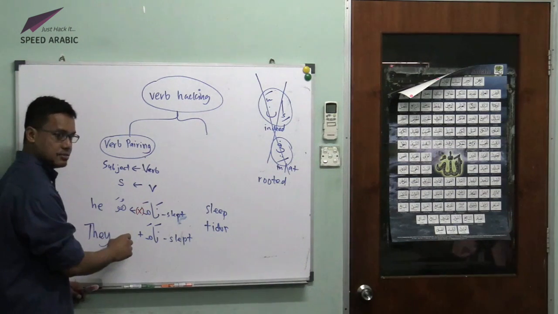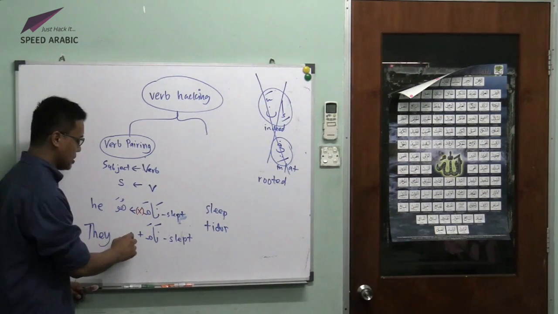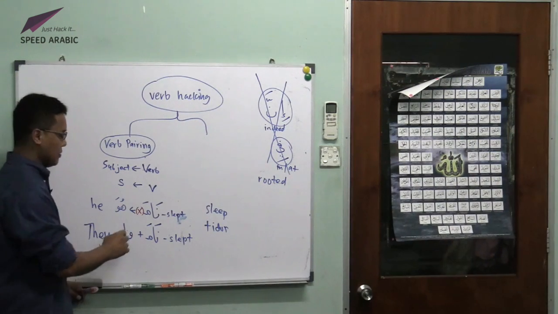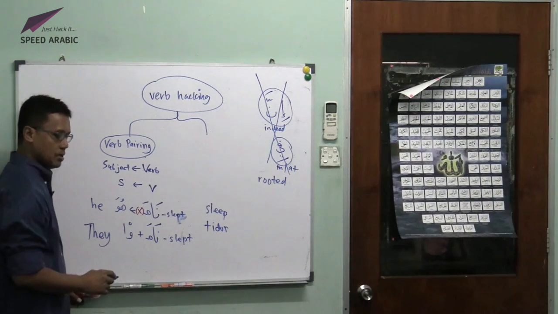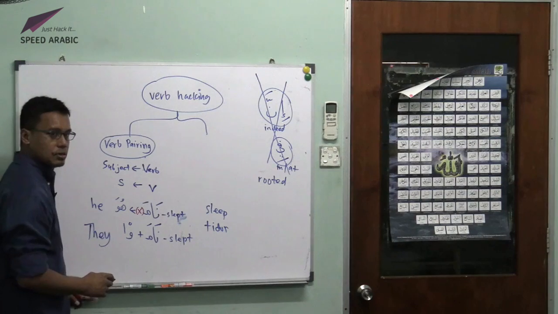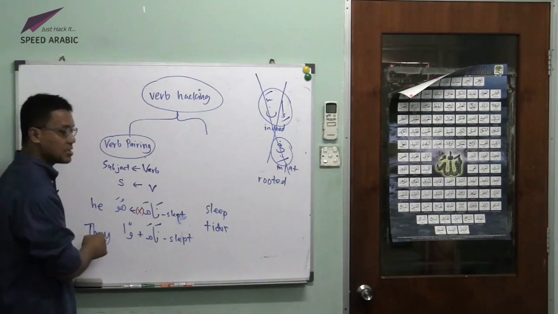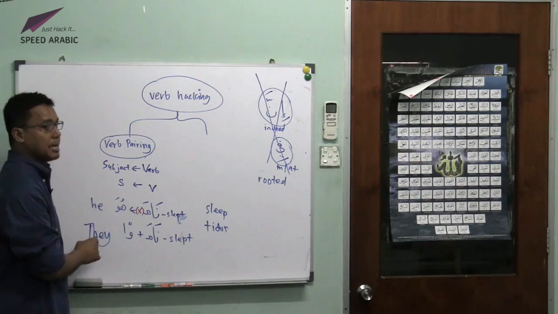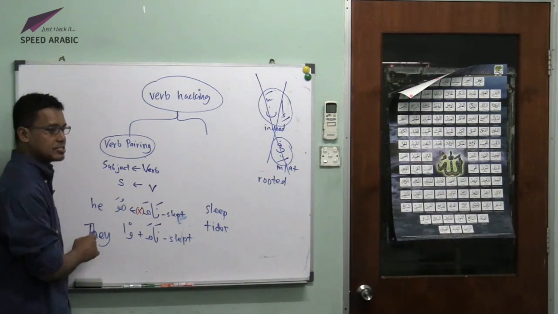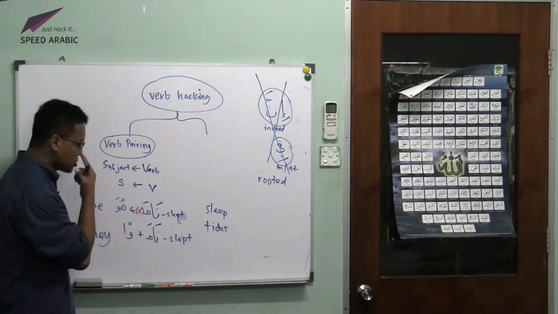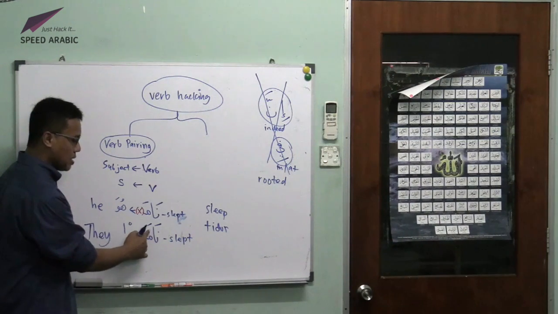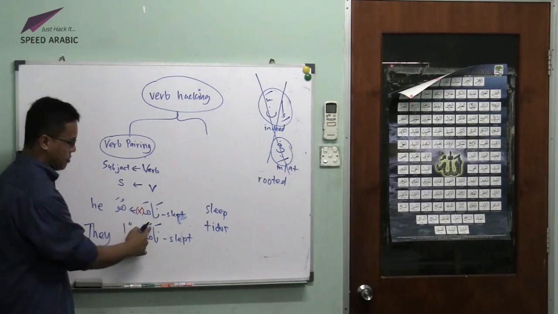Waw alif, right? See the waw alif there? Waw alif. Right? Subjects. Because we want to talk about they. We are not talking about them. We're talking about they as subjects. Alright? So nama plus waw alif.